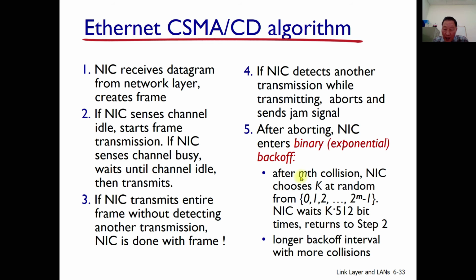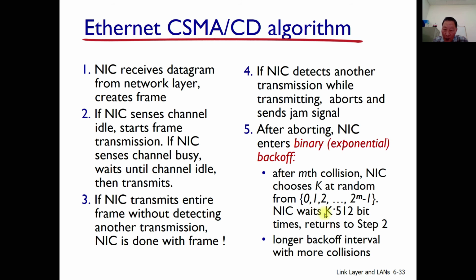This explains it. After M collisions, let's start from the beginning, with the first collision. The network interface card chooses K at random from a set; in the first case that is 0 and 1.